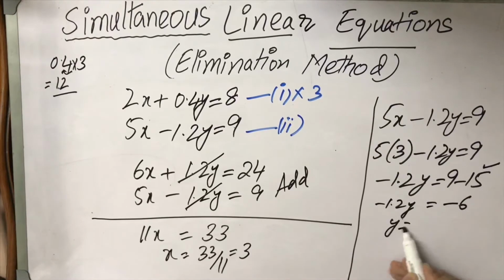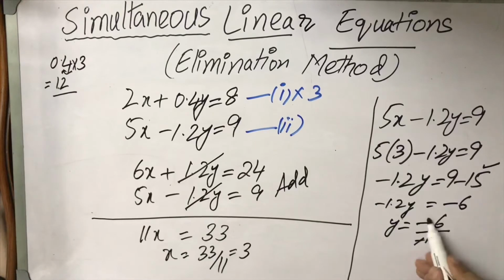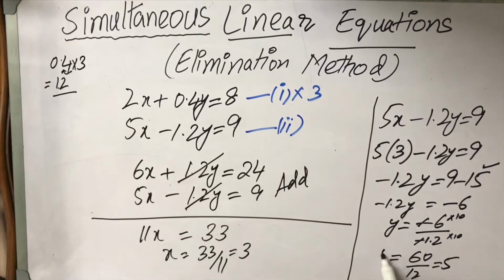Now when minus 1.2 comes to this side, the negative sign cancels the negative sign. Multiply numerator as well as denominator with 10, as it is one decimal place, so you can write it as 60 over 12, and 60 over 12 is 5. So your y is 5. Solution set x and y is 3 and 5.